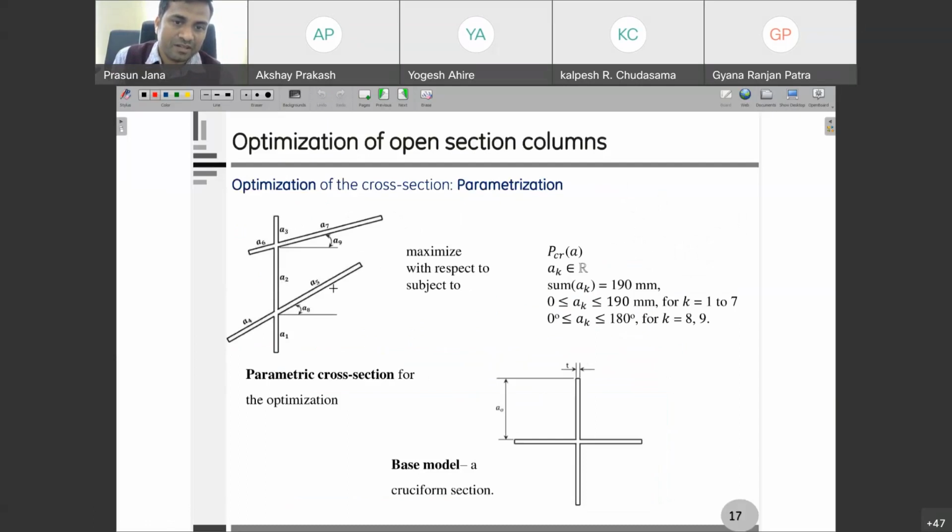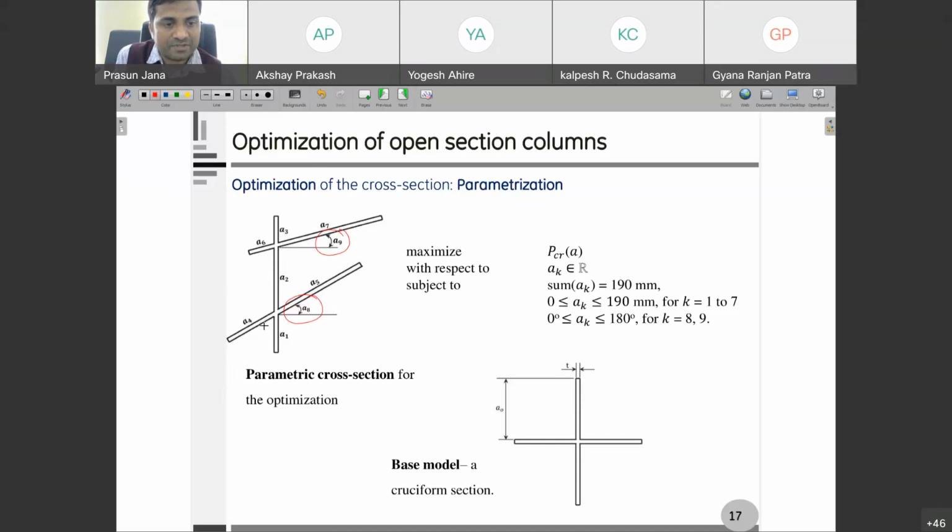So there are 9 parameters. So 2 are angle parameters, and the other 7 are length parameters. So you can see all these 9 parameters can give you so many regular and irregular shapes.